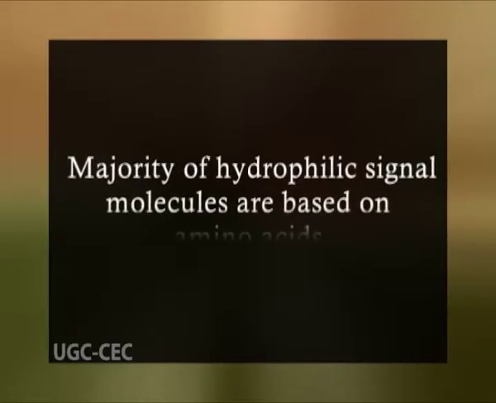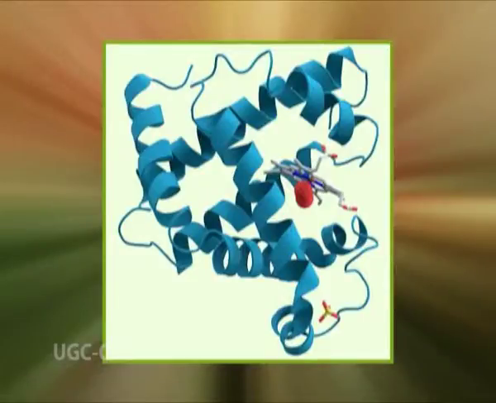The majority of the hydrophilic signaling molecules are based on amino acids. They may be unmodified amino acids, modified amino acids, or strings of amino acids, that is peptides or proteins. Some additional small polar signal molecules also are hydrophilic.